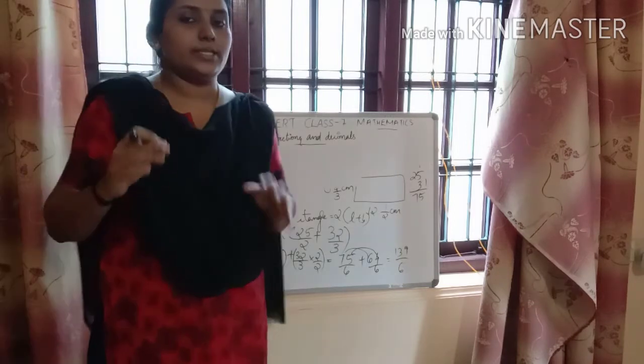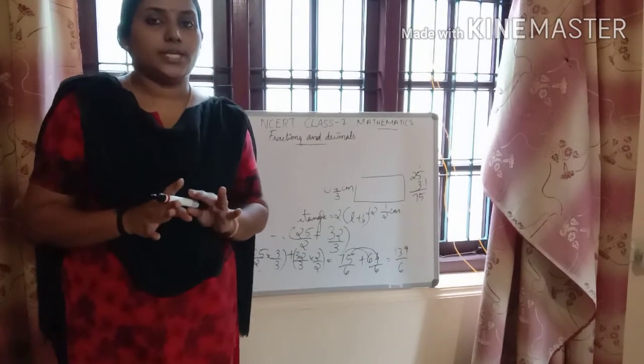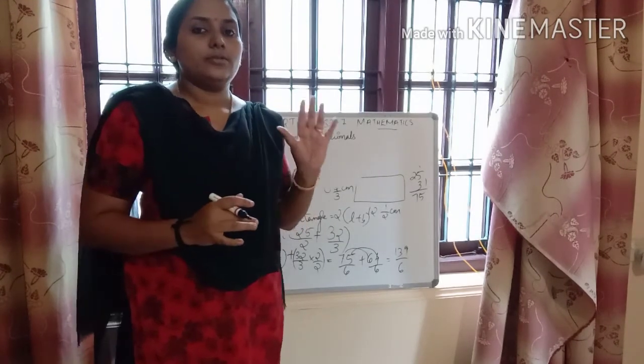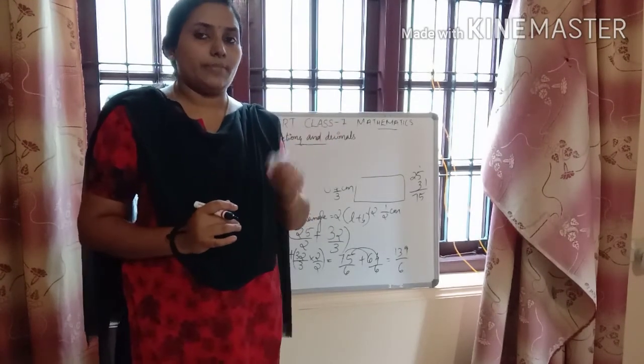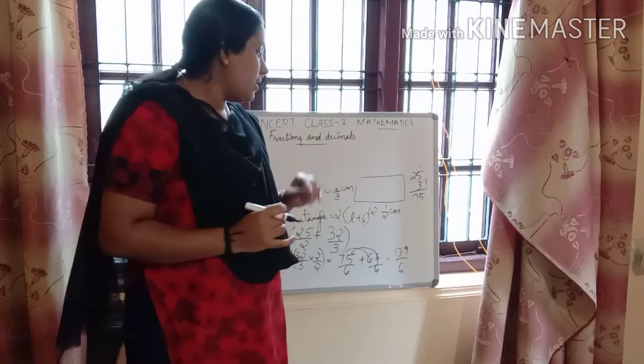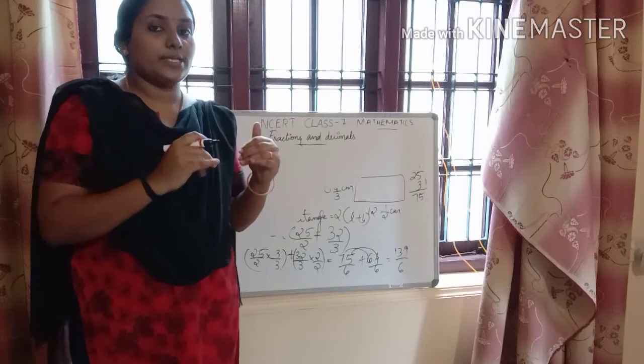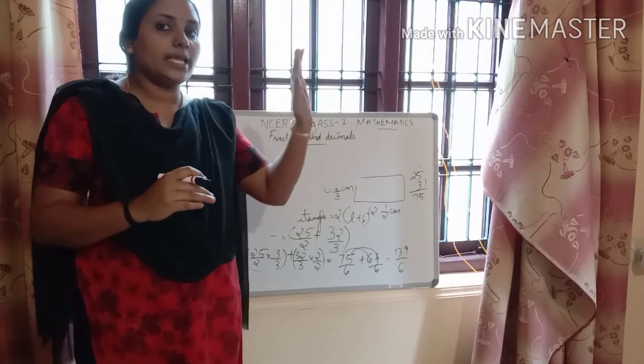I will explain this question again. A rectangular sheet of paper has a length of 12 1 by 2 centimeter and a breadth of 10 2 by 3 centimeter. While answering this question, first write down the given details.